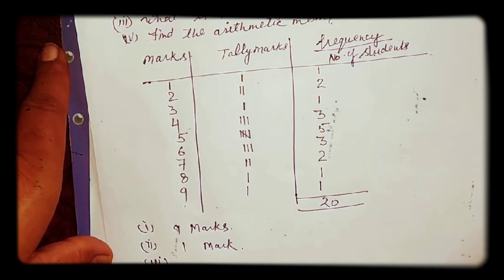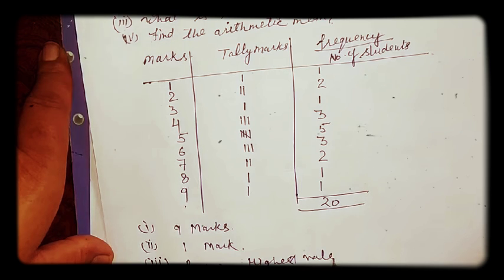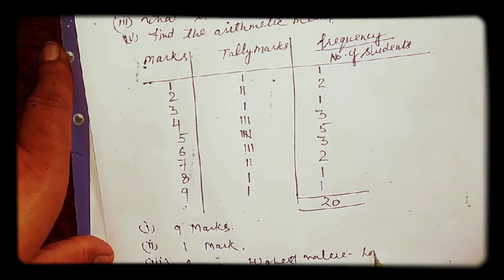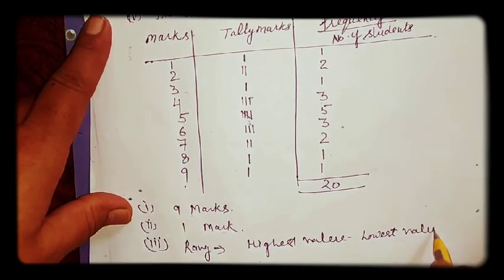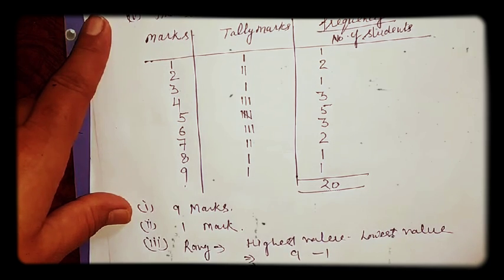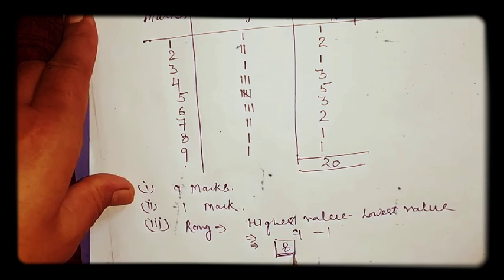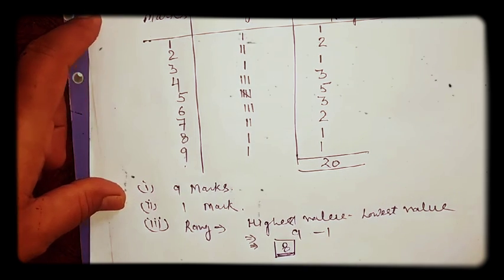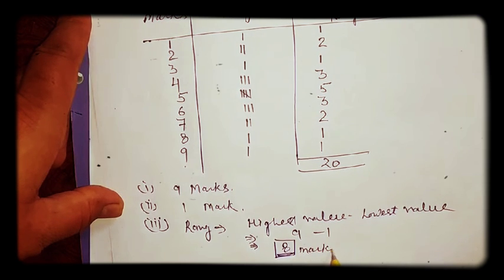As we already told, the range is the highest value minus the lowest value, that is 9 minus 1 and the range will be 8. So 8 marks is the range. Means जो difference है सबसे ज़्यादा marks और कम marks में, वो 8 marks का difference है. Range is of 8 marks.